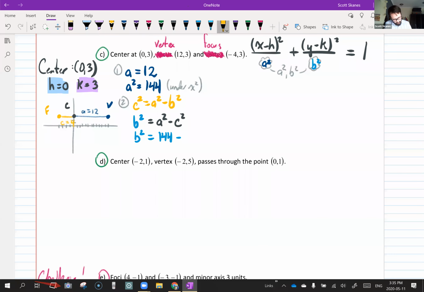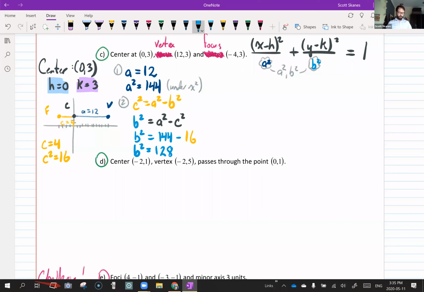Let me write this clearly. I know that C must be 4 here. Probably should have said this earlier. C squared is 16, so minus 16. Hopefully I didn't confuse you there. I didn't think ahead well enough. So 144 minus 16, square root of that is 8 root 2, if I did this correctly. But I don't even need to get the root because I'm looking for B squared anyway. So 144 minus 16 is 128.